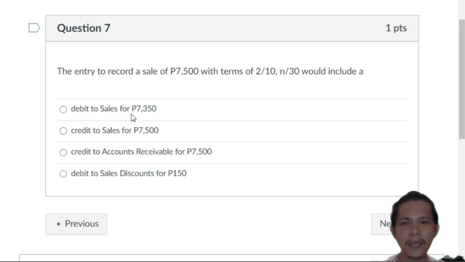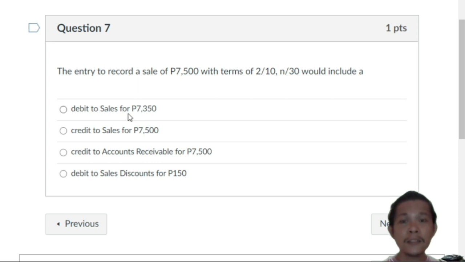Ang tinatanong, entry to record a sale of 7,500. Okay? Ang journal entry natin dyan, debit accounts receivable, credit sales for 7,500. Kasi sales pa lang yan, ano?